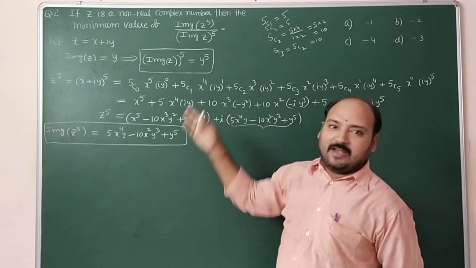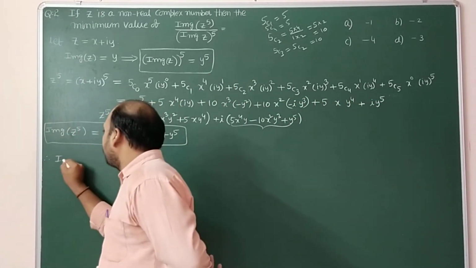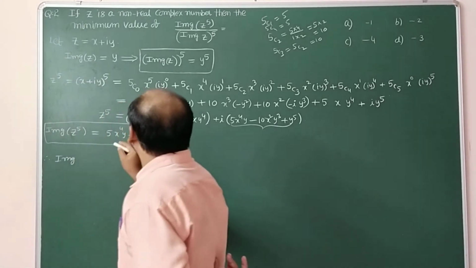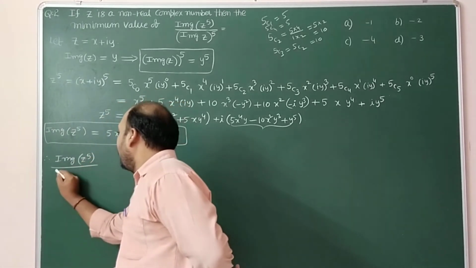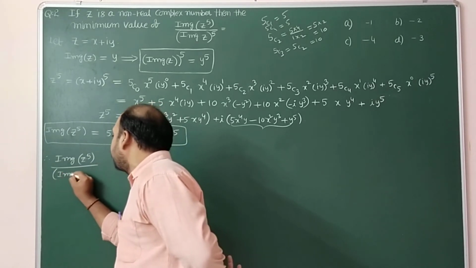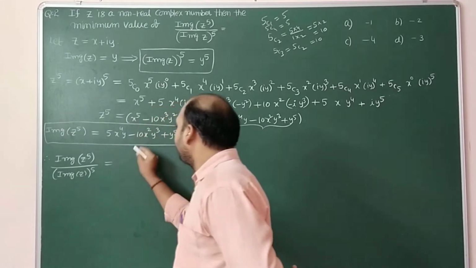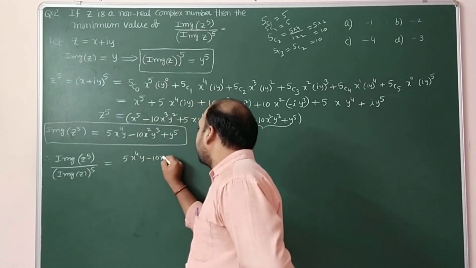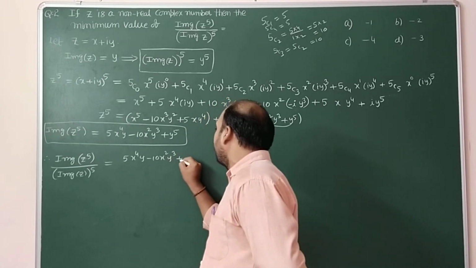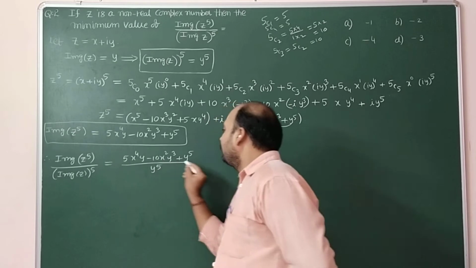Now consider the given. Therefore, imaginary part of z power 5 divided by imaginary part of z whole power 5 is equal to 5x power 4y minus 10x square y cube plus y power 5, divided by y power 5.